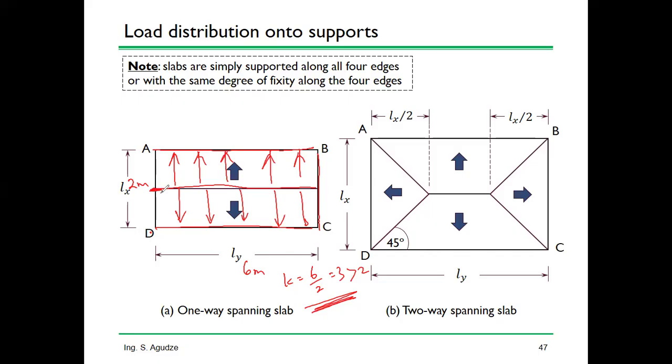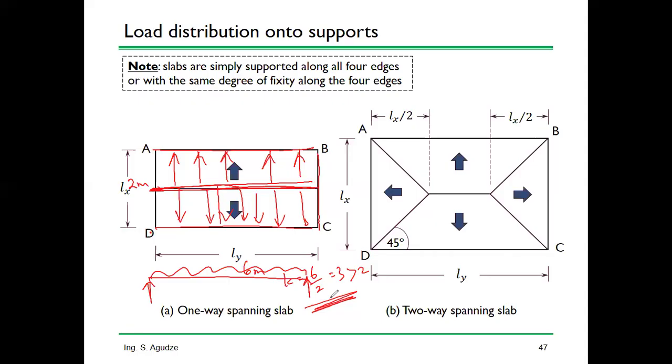I'm stressing you divide the shorter side into 2. Half of the load goes onto this beam, and half comes onto this one. If I sketch this, the load is a complete UDL. So with one-way load distribution, it's completely a UDL, a uniformly distributed load.